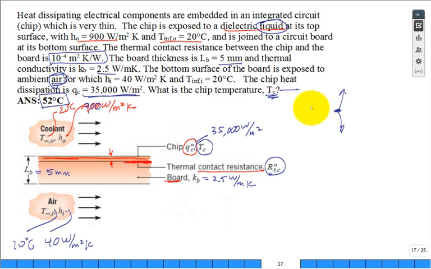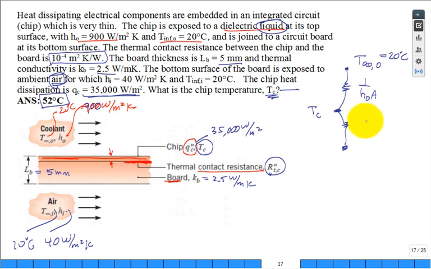So this is the temperature of the chip I'm trying to find. It's going to go out to a convective 1 over hA resistor, to the temperature of the fluid at the top, which is 20 degrees C. And if it goes out the bottom, the first thing it has to get through is a resistor for the thermal contact resistance.